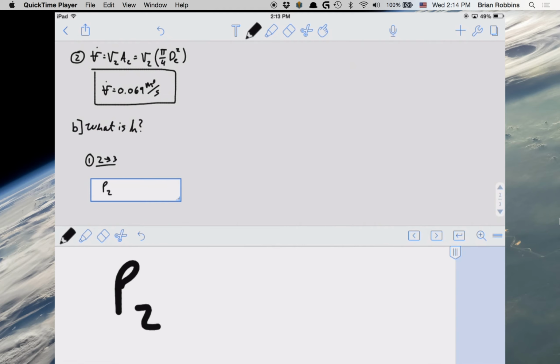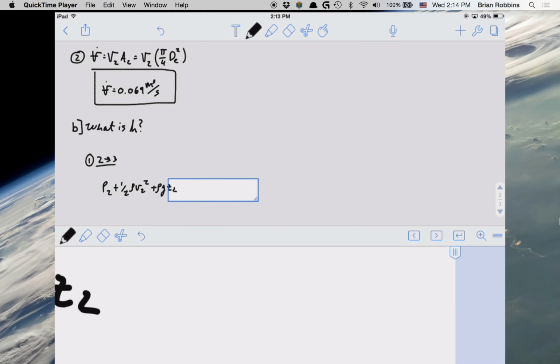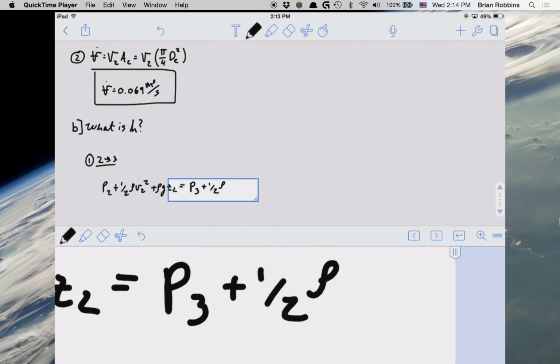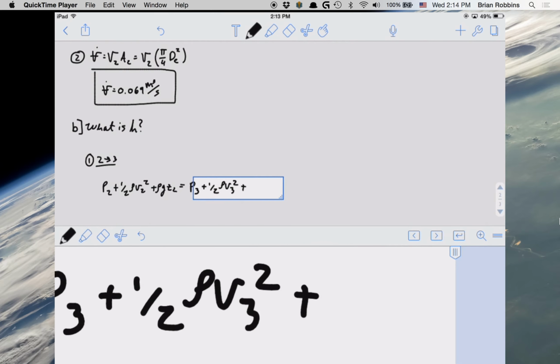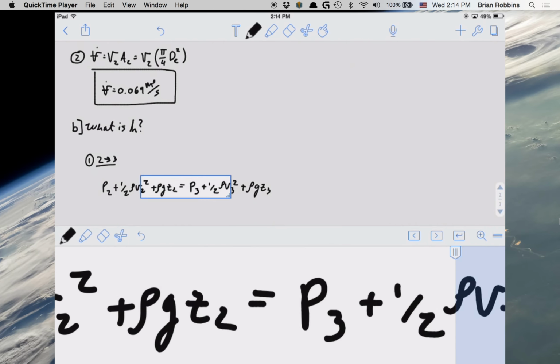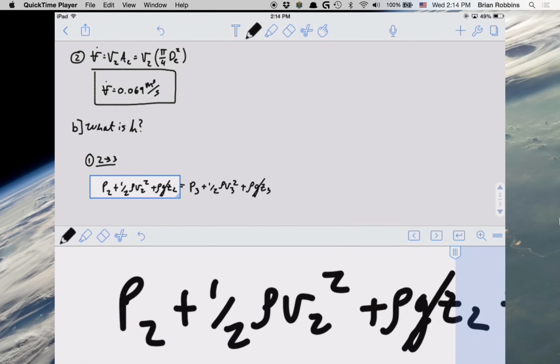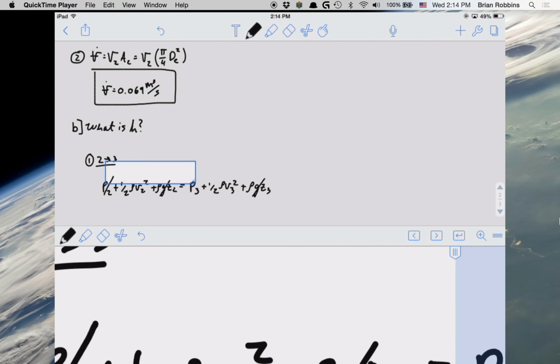So you get P2 plus 1/2 rho V2 squared plus rho g Z2 is equal to P3 plus 1/2 rho V3 squared plus rho g Z3. Since our streamline is along the same height, our hydrostatic pressure terms can go away. At P2, our pressure is open to atmospheric conditions, so this just goes to 0 gauge.